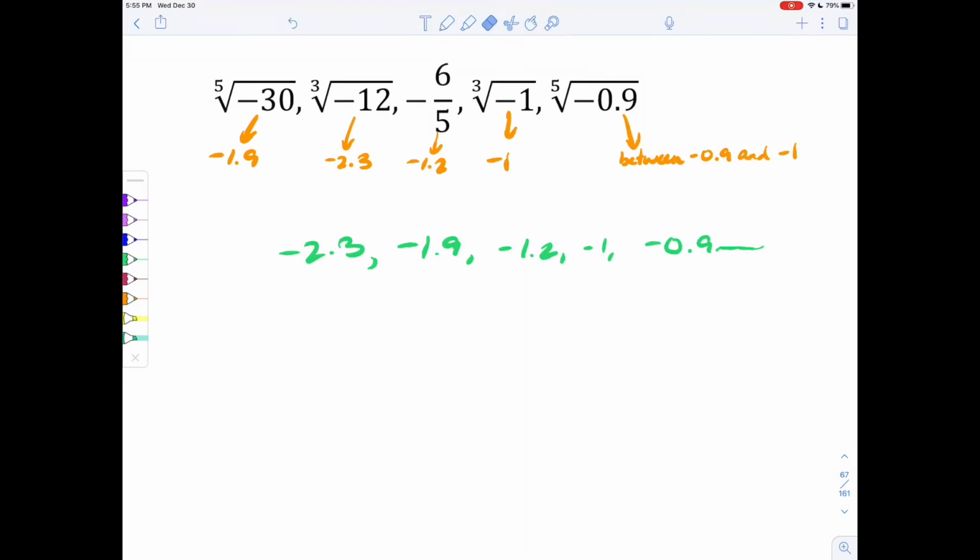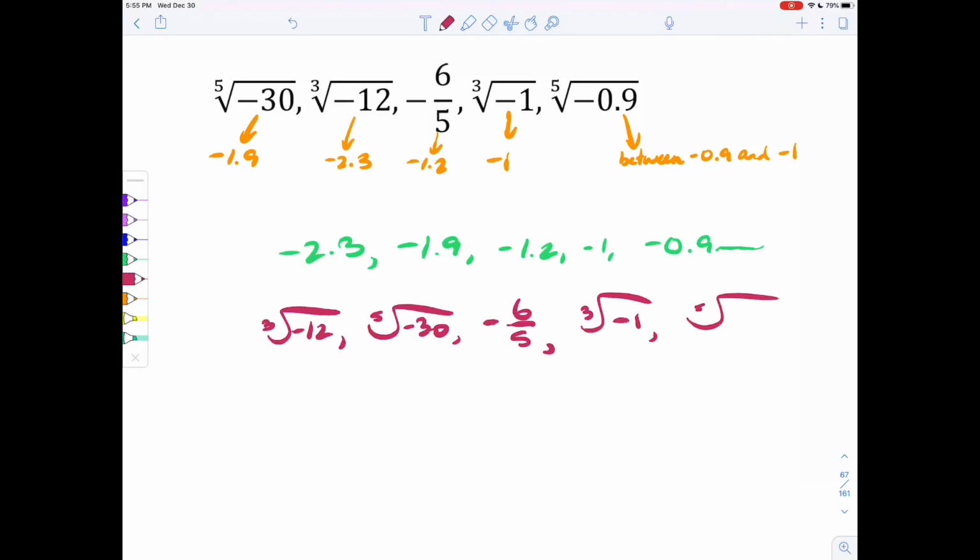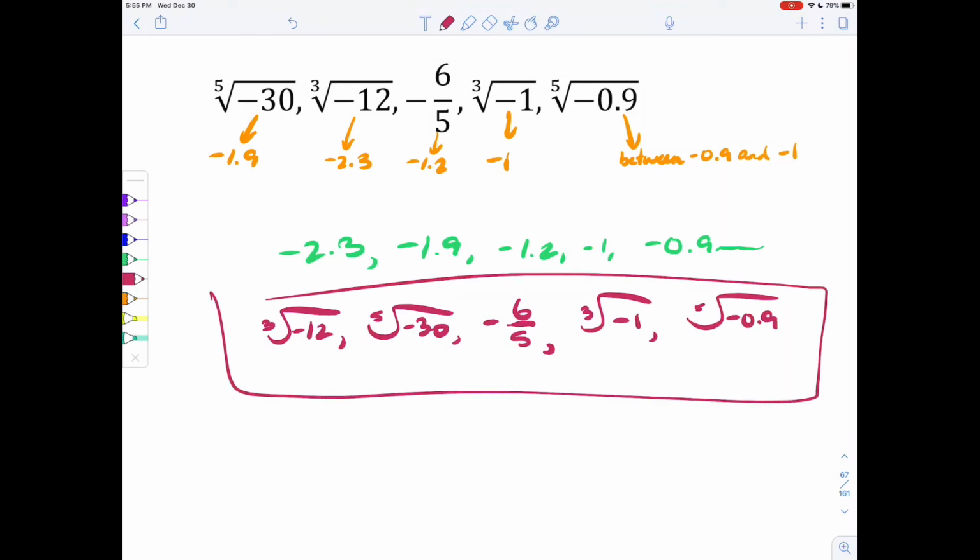I can do better. That's real swoopy. Sorry. We've got the 5th root of negative 30. We've got negative 6 over 5. Yikes. The cube root of negative 1. And the 5th root of negative 0.9.